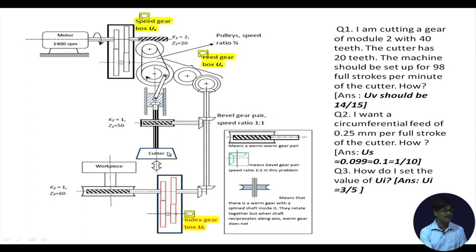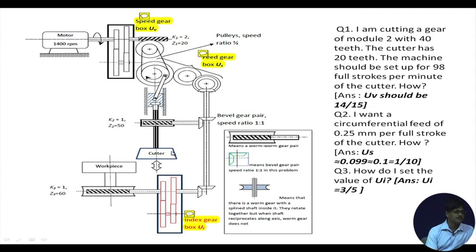So, the cutter is having 20 teeth and the cutter should be having a rotational speed exactly twice that of the workpiece, because with 20 teeth and 40 teeth, the inverse ratio defines a speed ratio of that much.